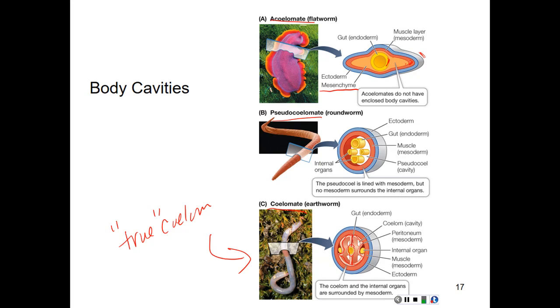So here's our gut, our internal organ. This is the endoderm lining the gut here, and then we have our mesodermal layer, and the cavity is just the space in between. So we don't have this additional mesodermal layer lining our gut that is making up part of the body cavity in this case.